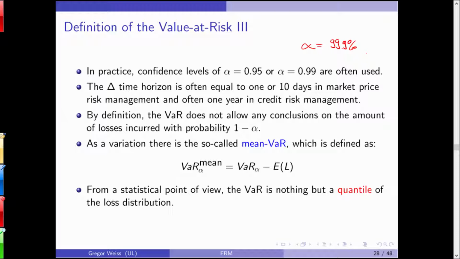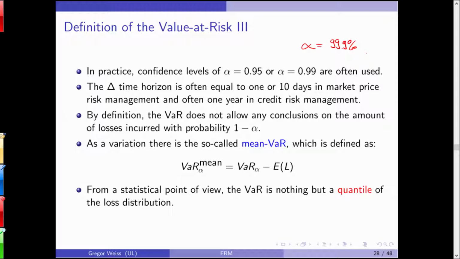I don't say whether it was the cooperatives or the savings and loan associations, but executives of German banks, during the financial crisis, complaining and whining: no one ever told us about the VaR, and we always thought that we are on the safe side when using the VaR. Who would have ever guessed that the losses could exceed the VaR? Because we have already used the 99% VaR, and for some reason we got hit by a loss that exceeded the value at risk, and no one told us about this.